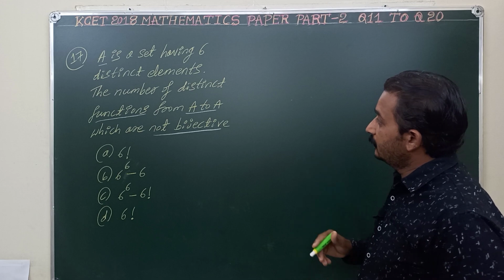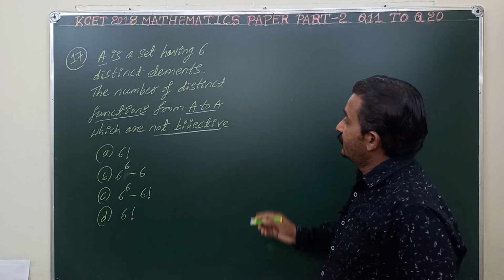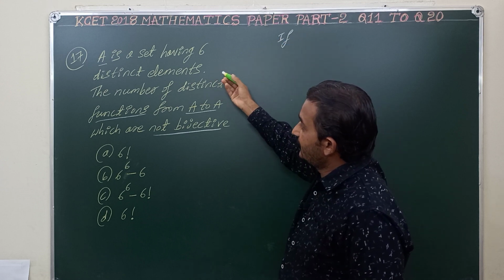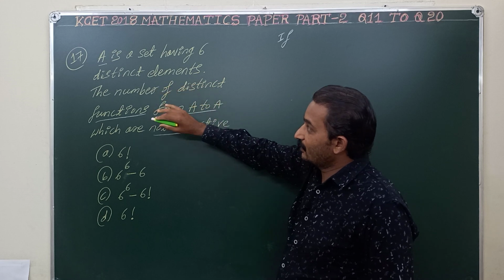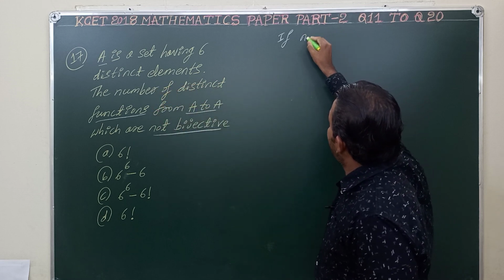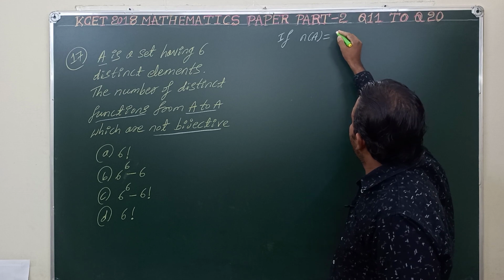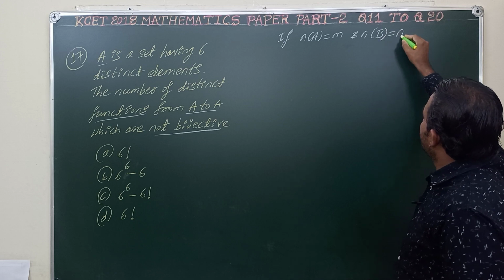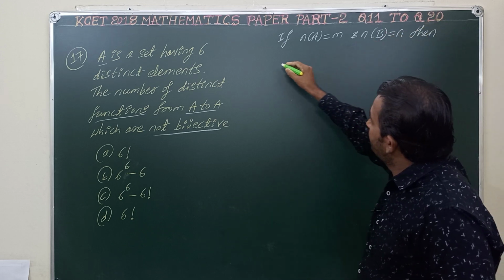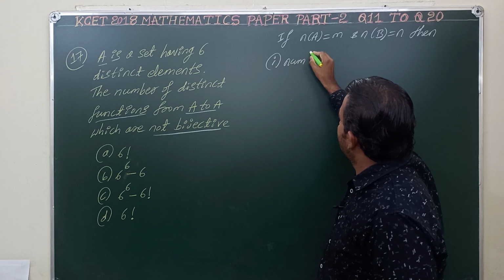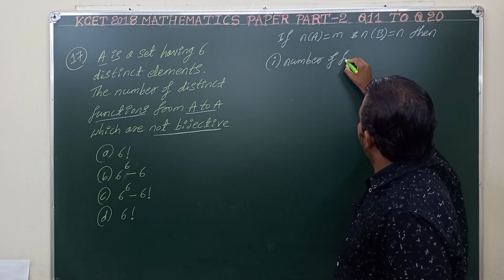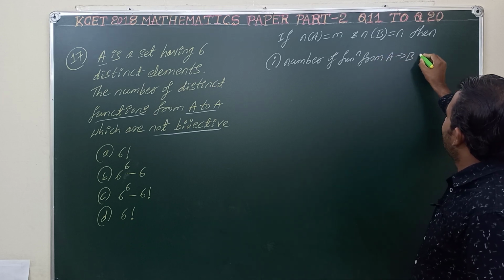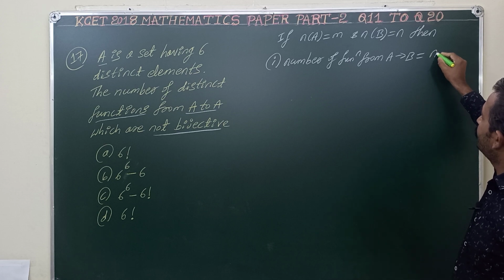So using a formula directly we can write the answer of this question. So if function f from A to B, in this case A to A, but we take A to B. If number of A is equal to m in this case and number of B is equal to n, then the number of functions from A to B is equal to n to the power of m.